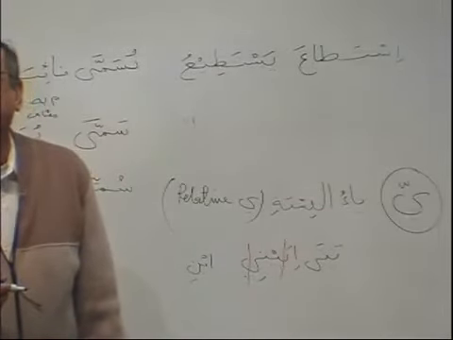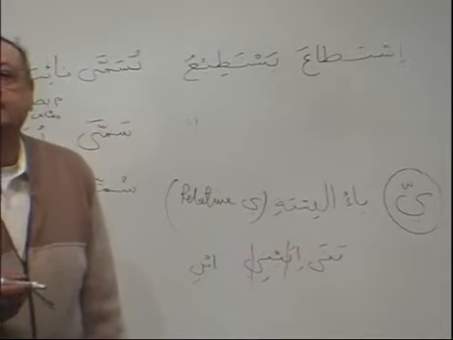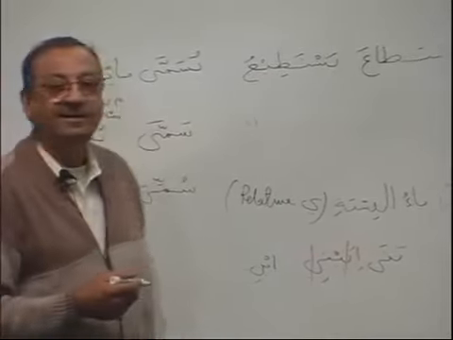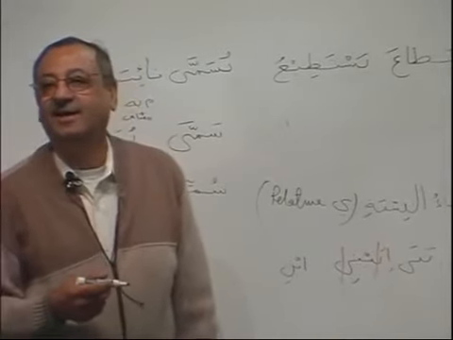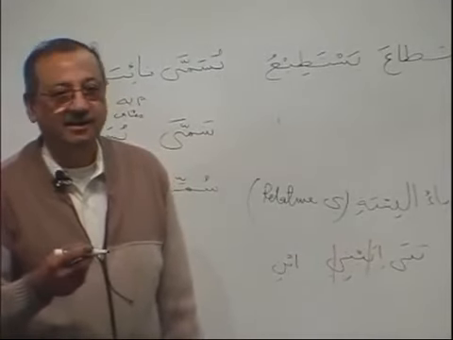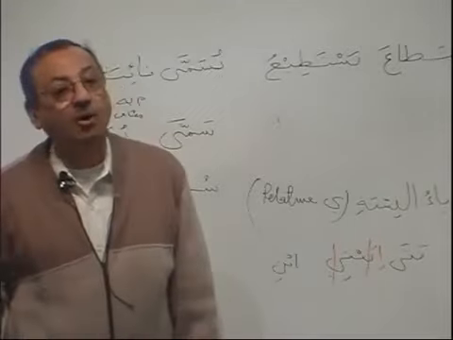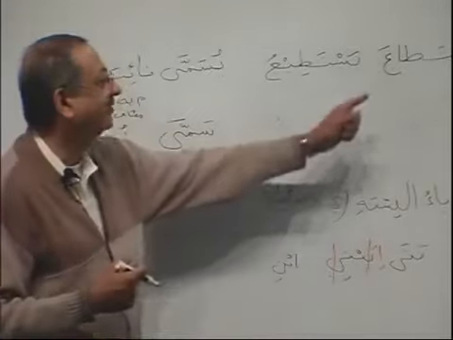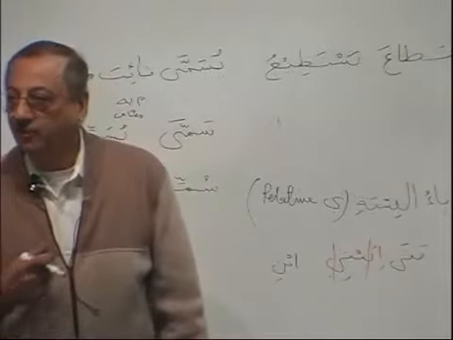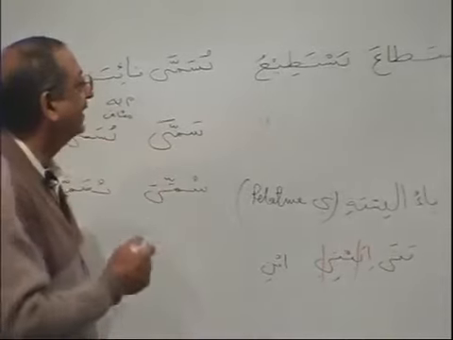istata'a, istata'u, istata'at, istata'ata, and then istata'ana, istata'ana, and then the second person forms. I was able to: istata'tu. I was able to. Okay.